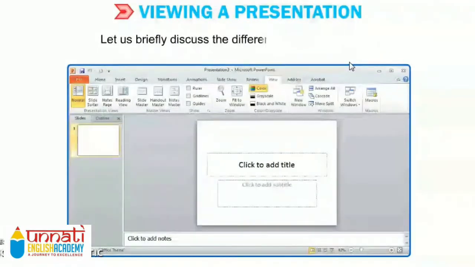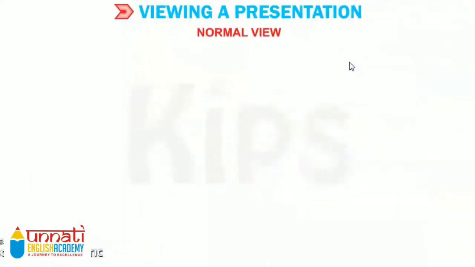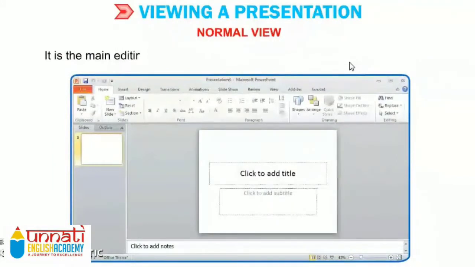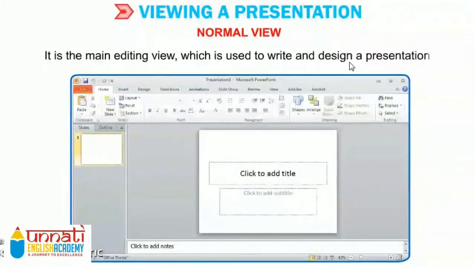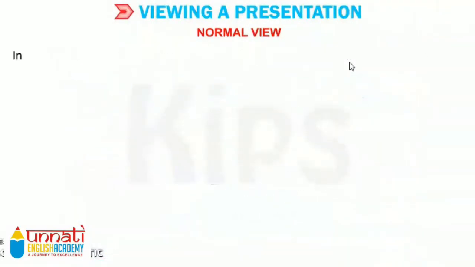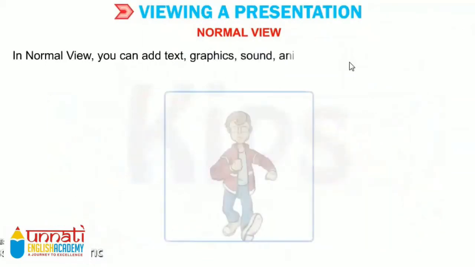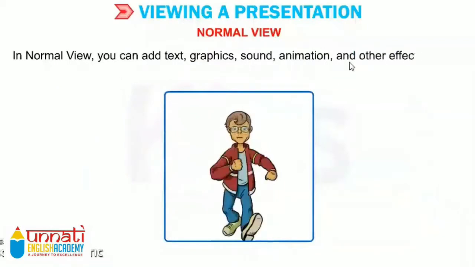So if you want to change the view, just go to the view tab. Now let's discuss the different presentation views. The very first and the default view is the normal view. See, the normal view is the main editing view which is used to write and design a presentation. In this view, you can add text, graphics, sounds, animation, and other effects.